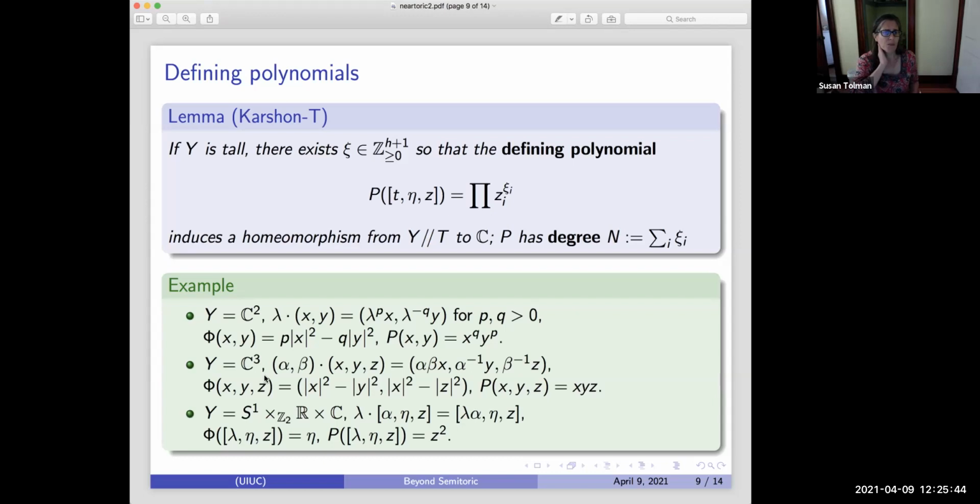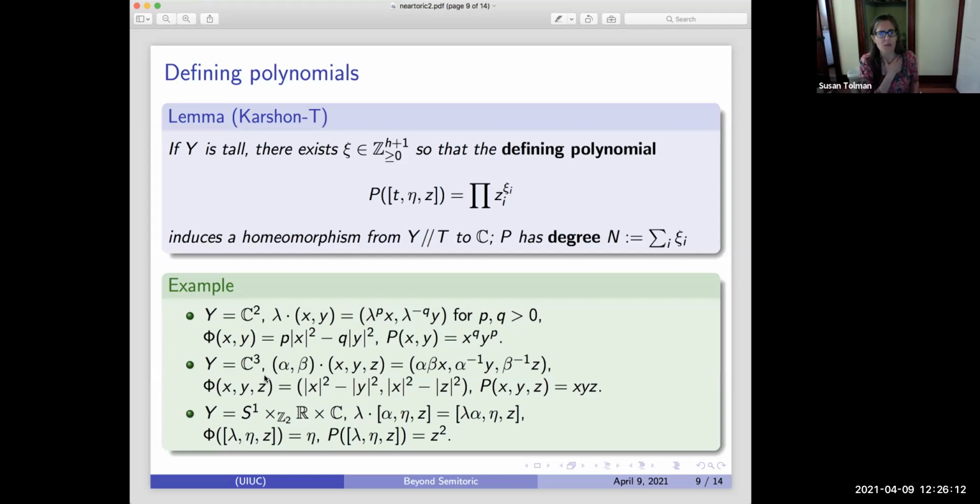So that's one example. Another important example is, say, Y equals C^3, and let's say our action takes (alpha, beta) times (x,y,z) to (alpha beta x, alpha inverse y, beta inverse z). So here our weights are (1,1), (-1,0), and (0,-1).